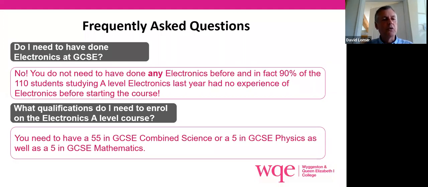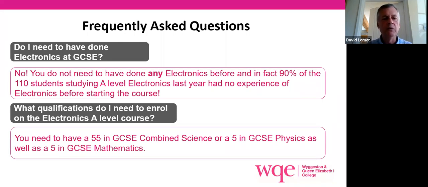So the question a lot of students ask is, do I need to have done electronics at GCSE? And the answer is no, definitely not. You don't have to have done any electronics before. Almost all of our students, about 90% of this year's students, haven't done GCSE electronics. We assume that when we start teaching the course, we start from scratch.